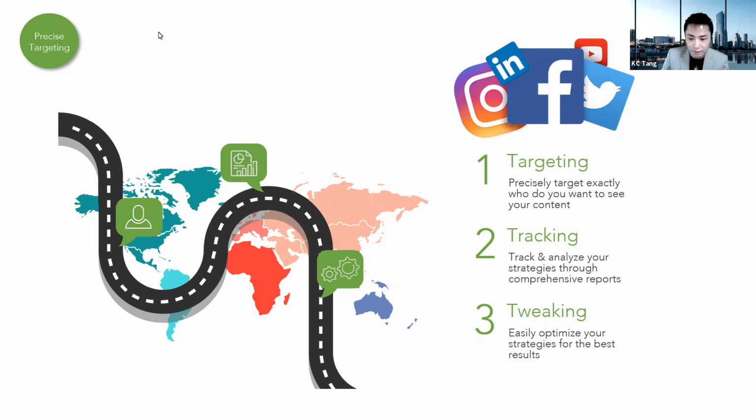And the last T is basically the tweaking. You could change and test multiple different ads or different content within your journal. I'll share some examples later on how this is done.